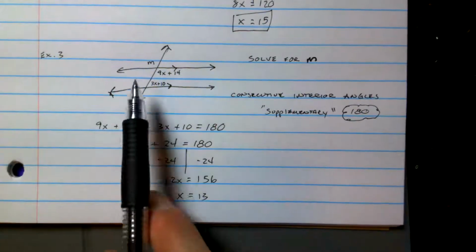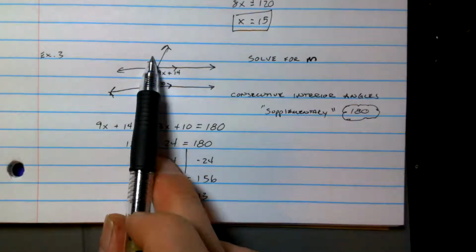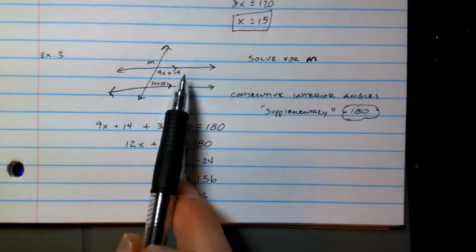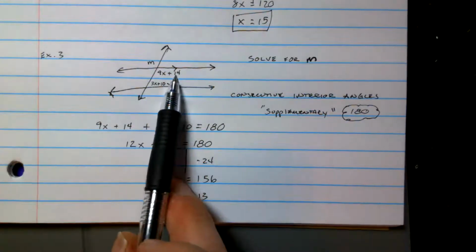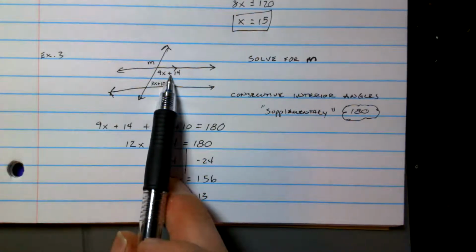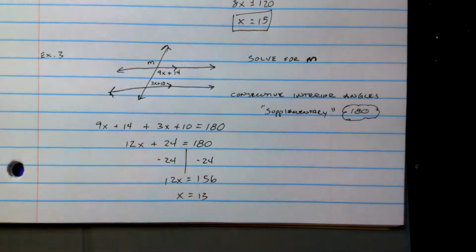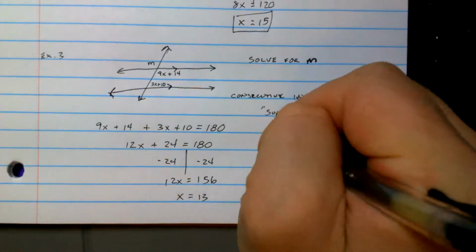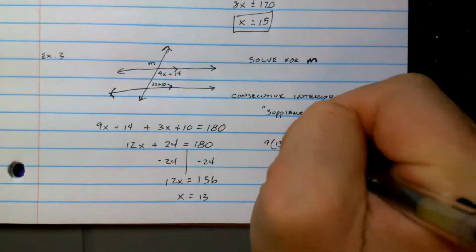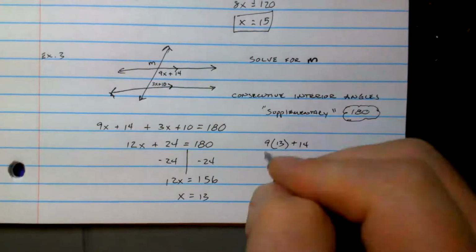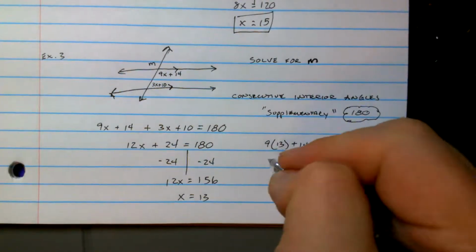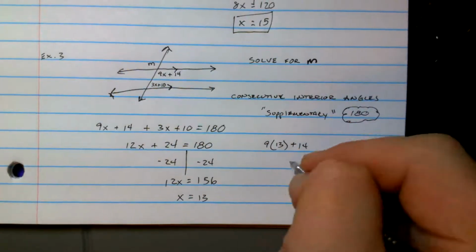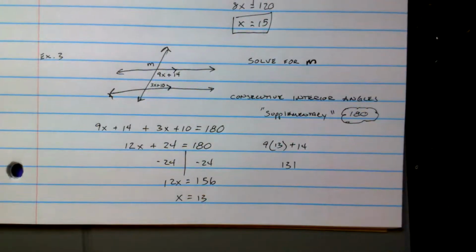They asked me to solve for m. M would be the angle measure value. So I know that m and this 9x plus 14 are equal to each other. So m would be simply substituting in 13. So 9 times 13 plus 14 is 90 plus 27. That's 117 plus 14 is 131.